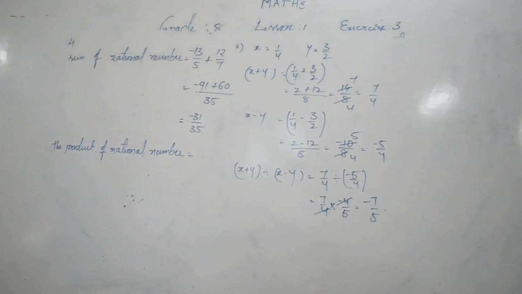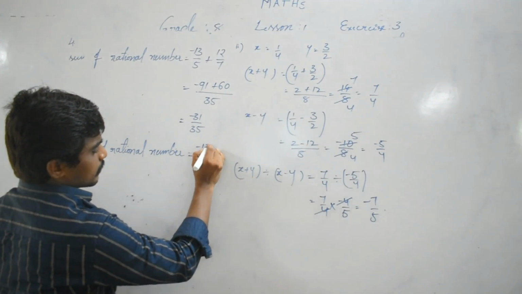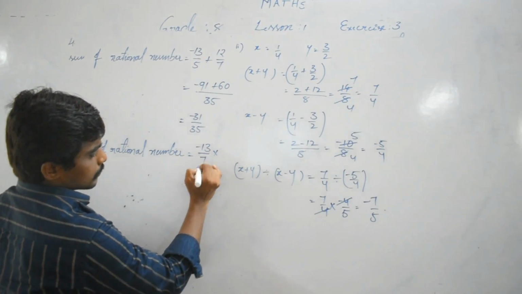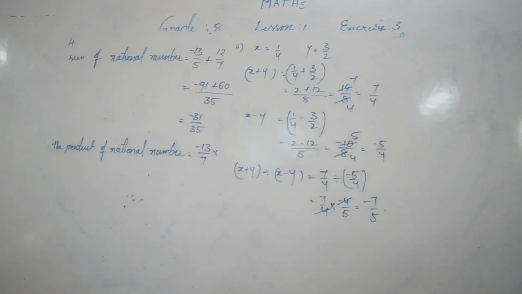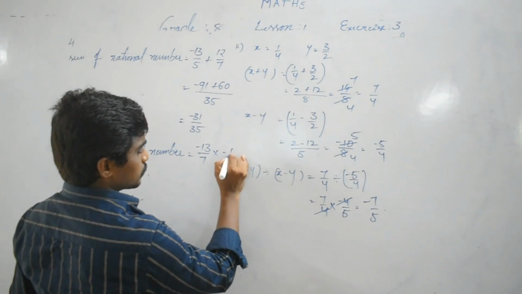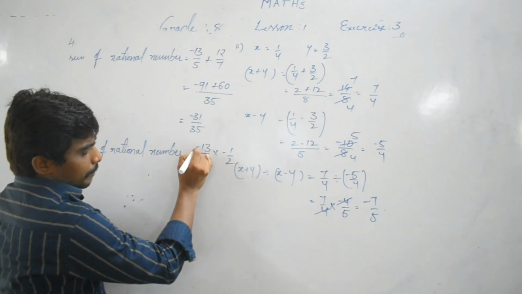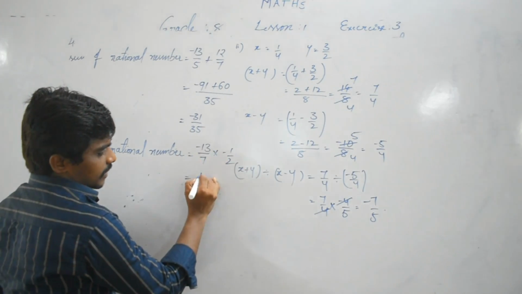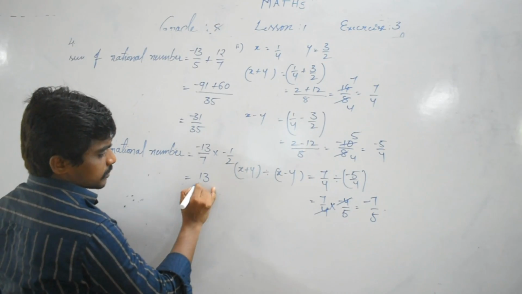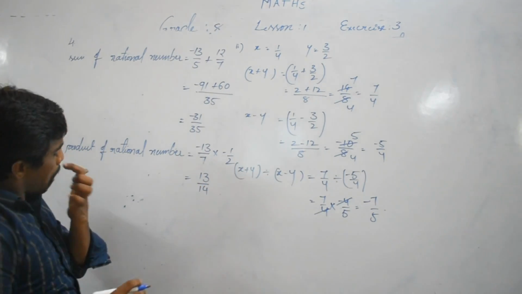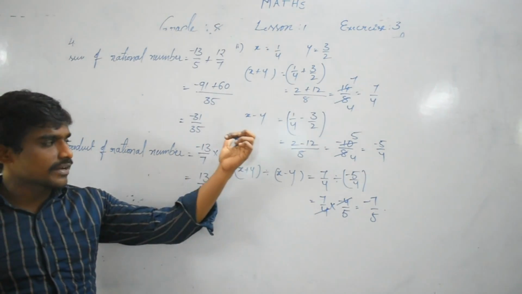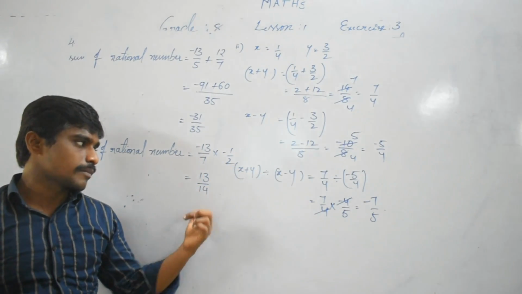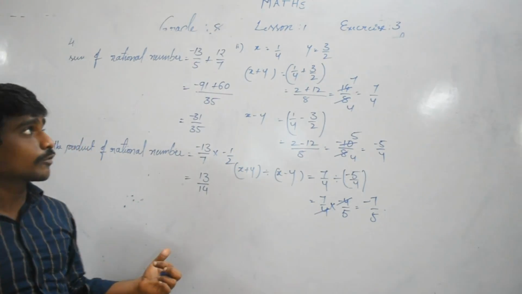So minus 13 by 7 into minus 1 by 2, minus into minus plus, 13 1s are 13, 7 2s are 14. So multiplication, numerators multiply, denominators multiply. So 13 by 14.